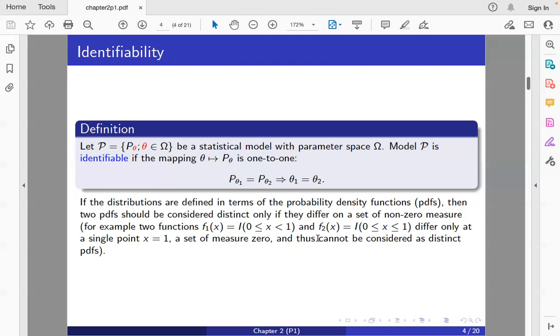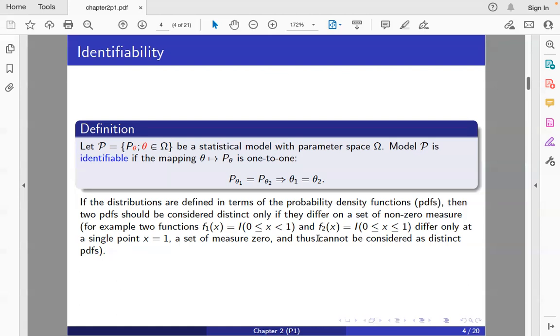The minimum condition we are going to discuss in the parametric model, in the statistical model, is that we are going to focus on identifiable models. This is the definition.